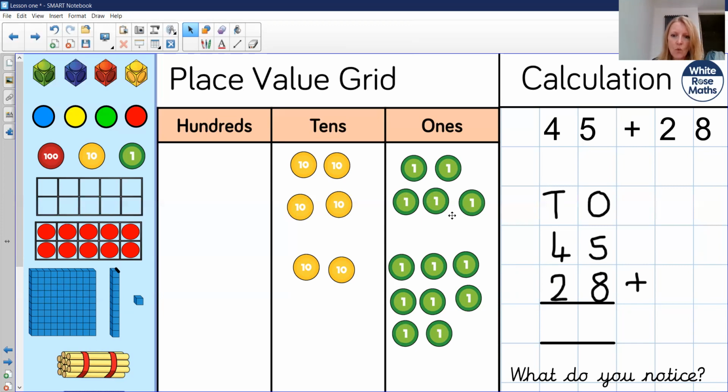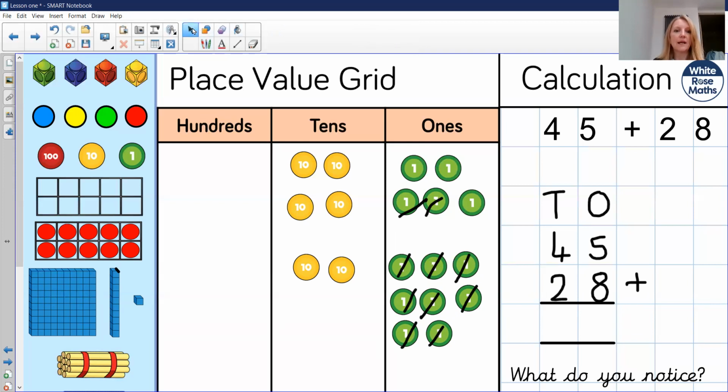So those 10 ones can then be regrouped to make an extra 10 over here. So if I go back to my pen, those 10 ones can then be regrouped into 1 10.